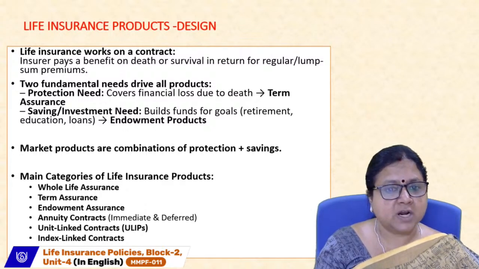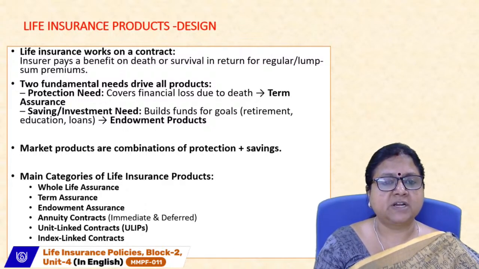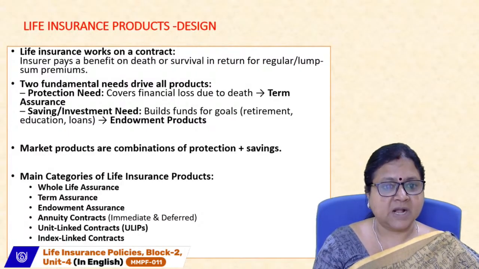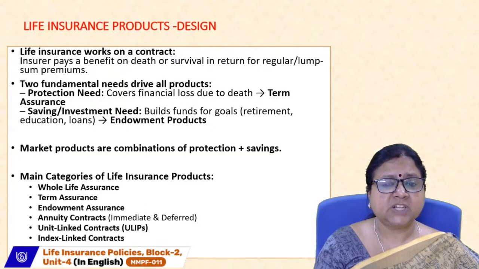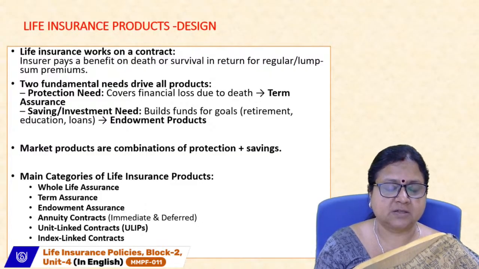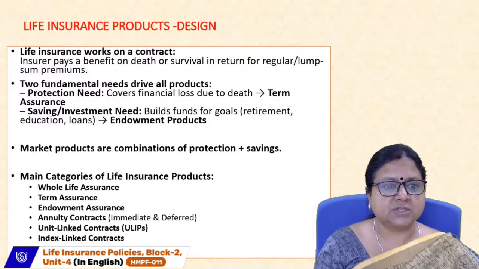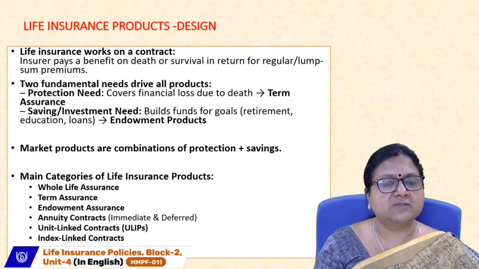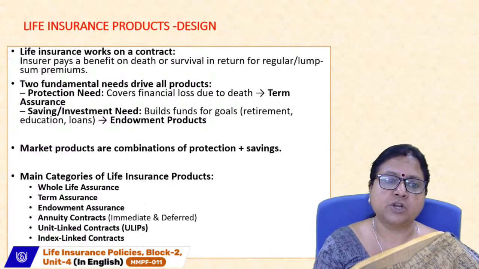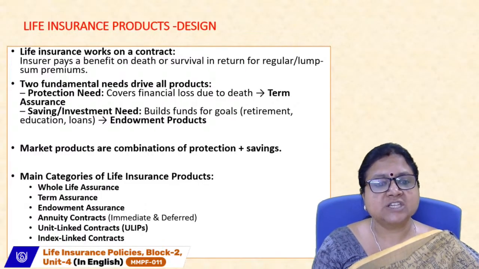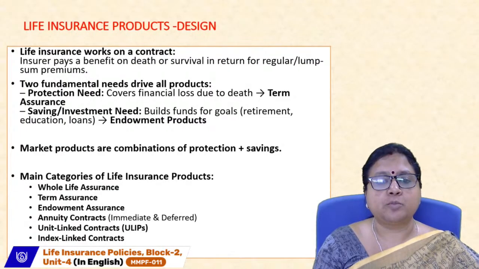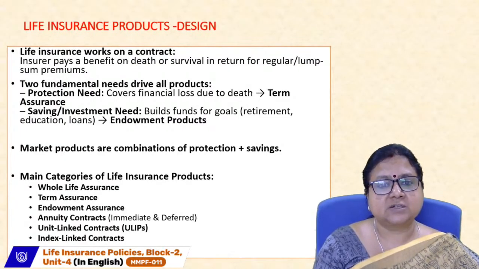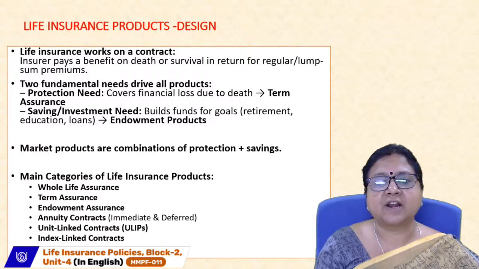Now, as we have already understood, the two fundamental needs that drive all the types of life insurance products are the protection need, which covers the loss due to death, that is term insurance, and the savings or investment need, which builds funds for goals, maybe retirement or education or loans. These types of products are known as endowment products. When it is term insurance, we are protecting our life.